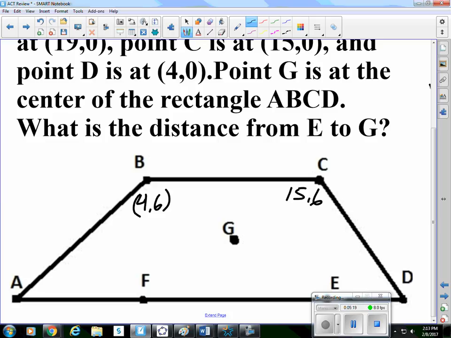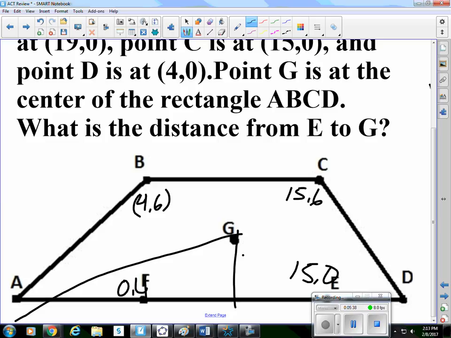And so the height of this rectangle is 4, because this one is 0, 4. This one's 15, 0. So if we wanted to find the length from A to G, then we know that that is half the height, so that would be 2.